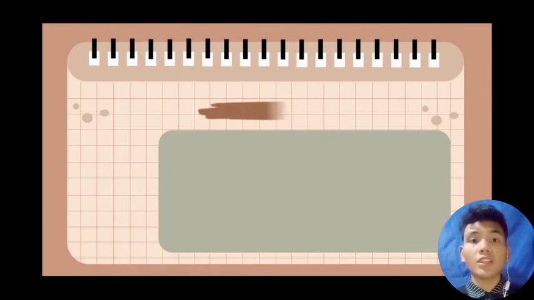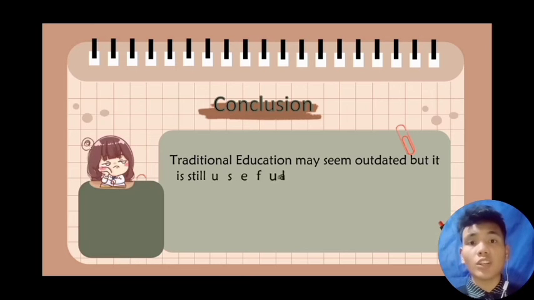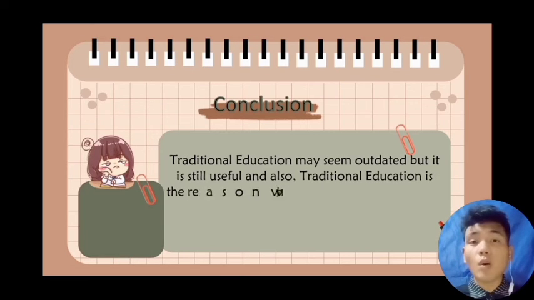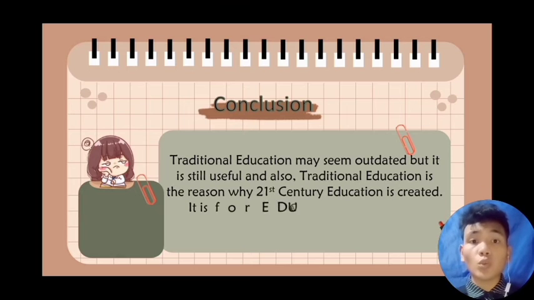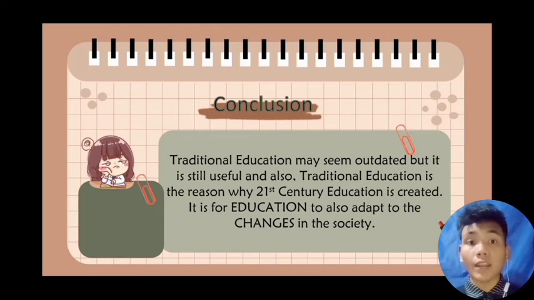And those are our insights about traditional education. For conclusion, we can easily say that traditional education is way more outdated compared to 21st century education. But without traditional education, 21st century education wouldn't be created.